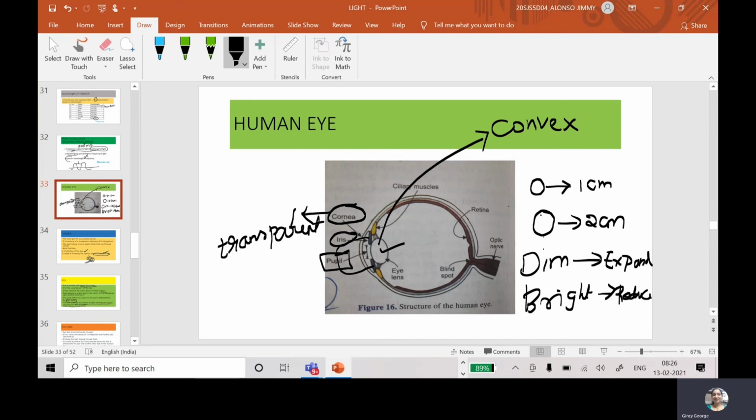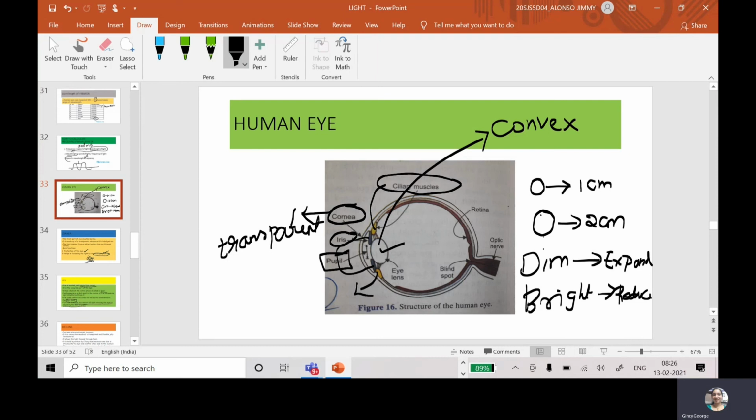Here the position of this eye lens is held with the help of a type of muscles called ciliary muscles. You can see here this yellow colored thing is called the ciliary muscles. Here also you can see the ciliary muscles. What is the function of the ciliary muscles we'll also be discussing today.